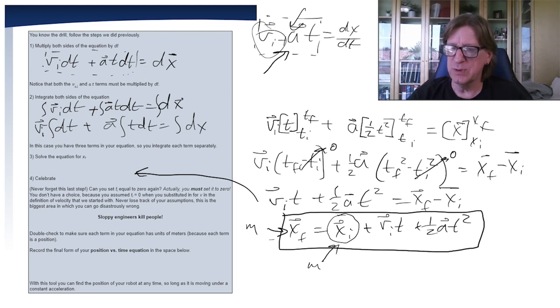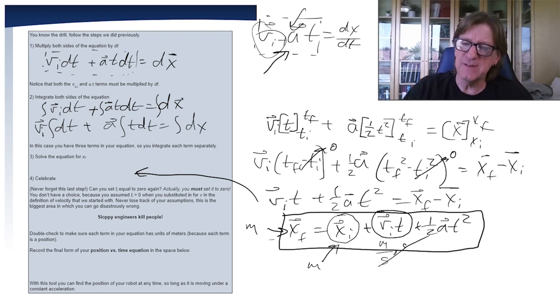This is similar to what we did before. This is meters per second times seconds. So this is also a distance. And what this means physically is this is the extra distance I got just because I was moving at some constant velocity. Right? So I have this initial velocity. Maybe I started at 0, maybe I started at 1 meter. If I didn't have any initial velocity, well, I would just sit there, right?